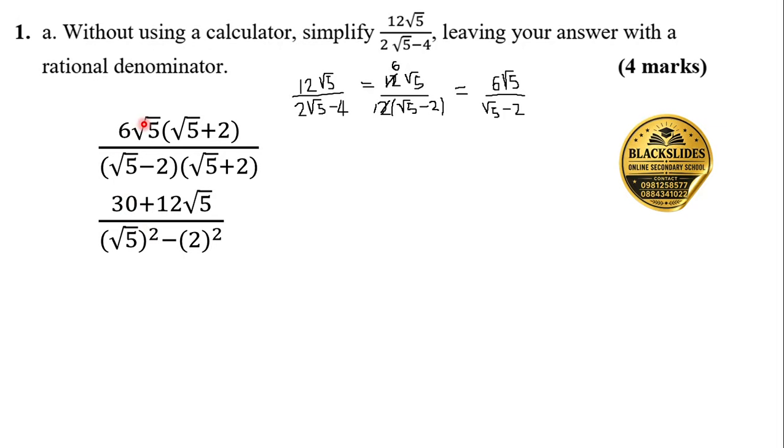Take note, root 5 squared is 5, and 5 times 6 is this 30 here.